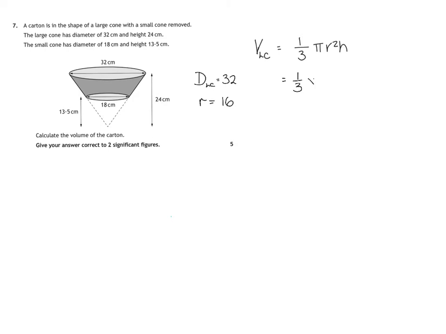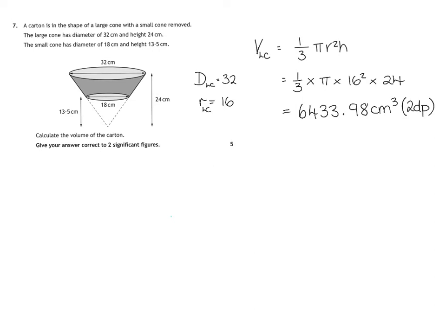So 1/3 times pi times 16 squared times 24. When we put all that into our calculator we get 6,433.98 centimeters cubed. That's 2 decimal places.